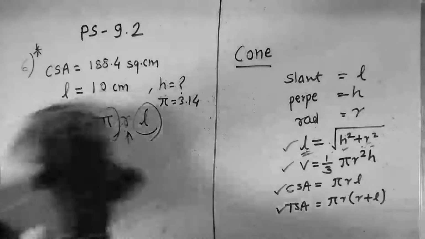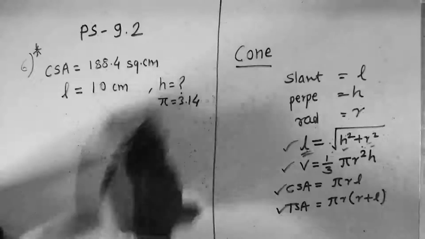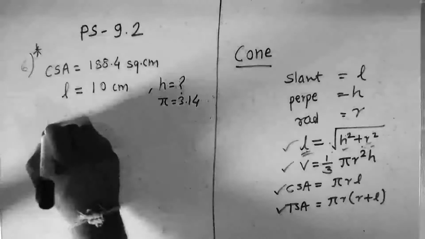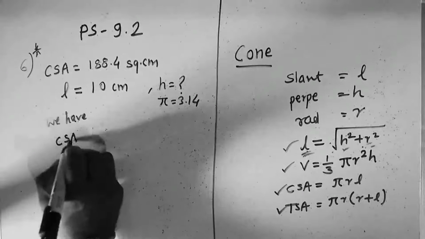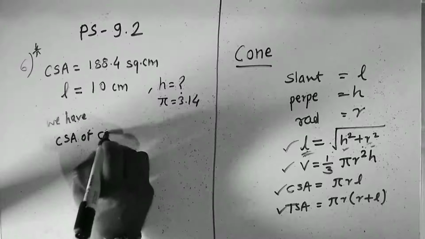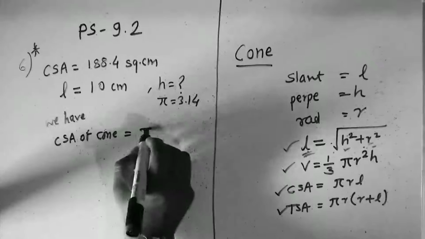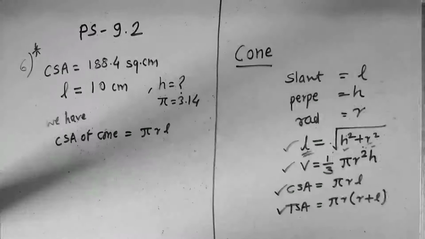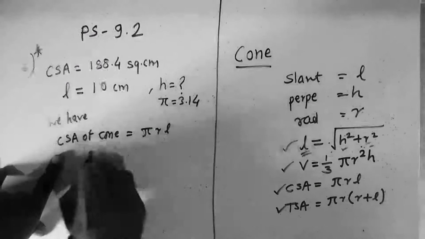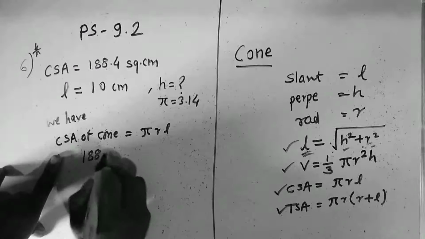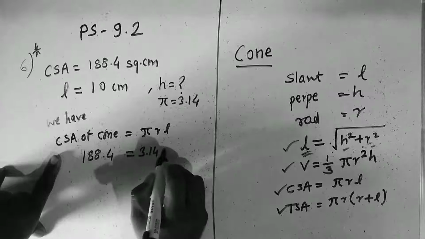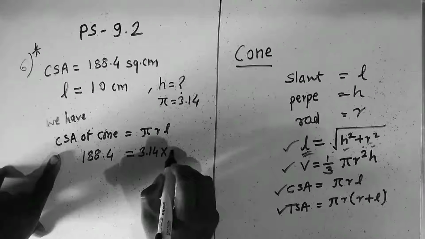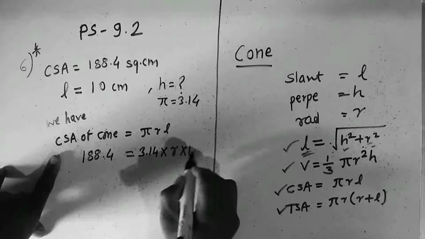Now let's start. So we have the curved surface area. We have a formula for curved surface area. Curved surface area of cone equals pi r L. Students, the curved surface area of the cone is given: 188.4 equals pi's value 3.14 multiplied by r, I don't know, multiplied by the L value, 10.